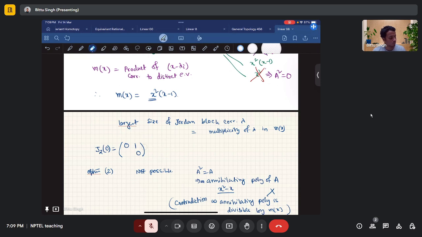Because for this we can take the vector 1 0 1 0, and corresponding to this we can just modify by multiplying with P inverse. So this is actually true.